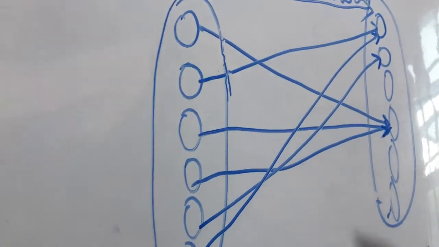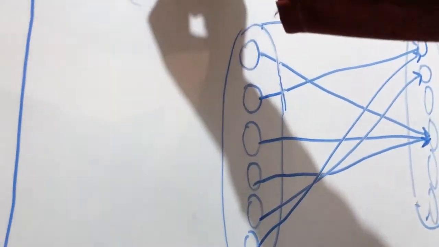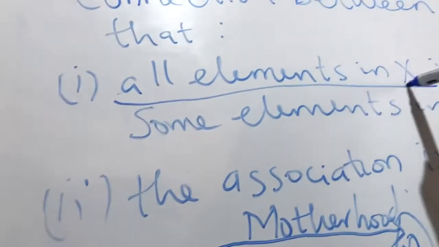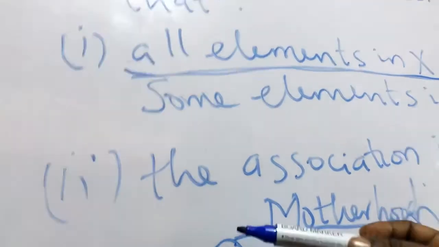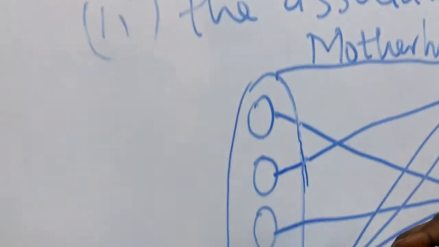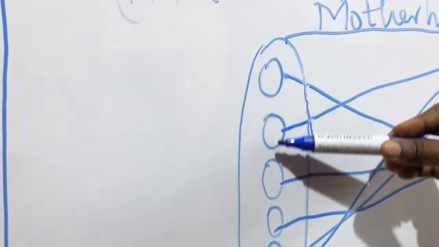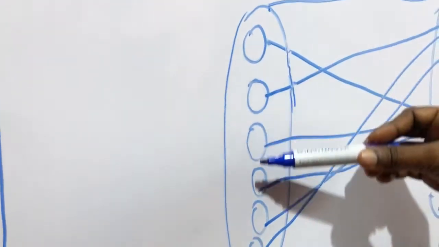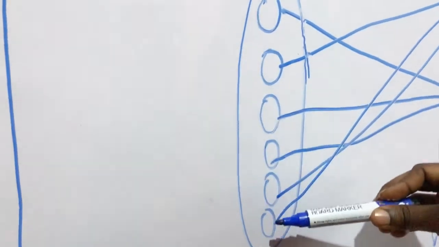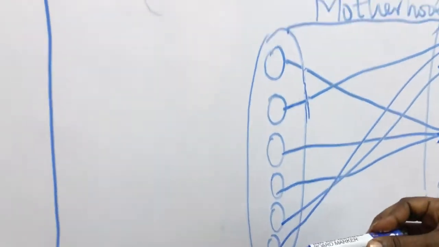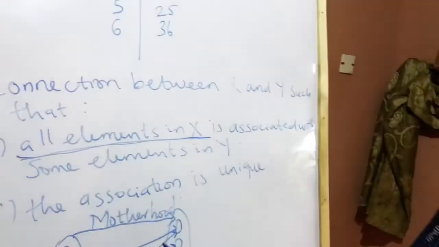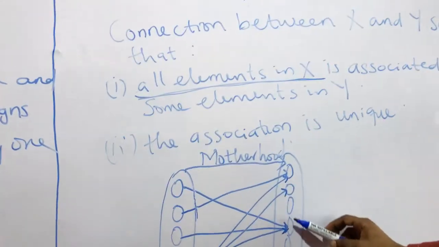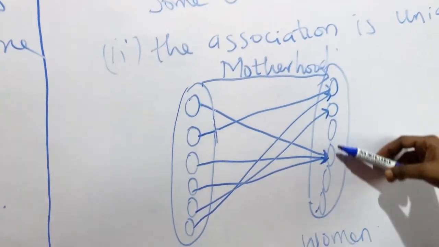Can you see? That's why it says that all elements in set X, all elements. It means that there won't be any variable here that will not be assigned or that will not be connected or that will not be related to at least some of the elements in the output side.